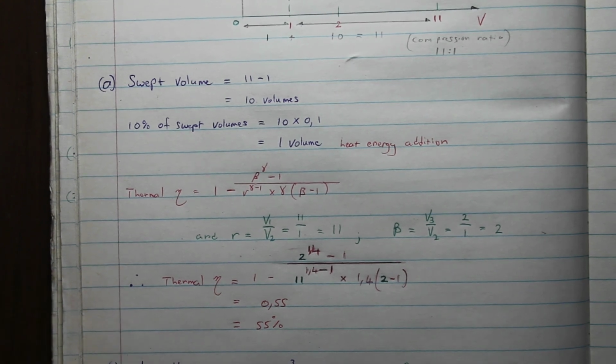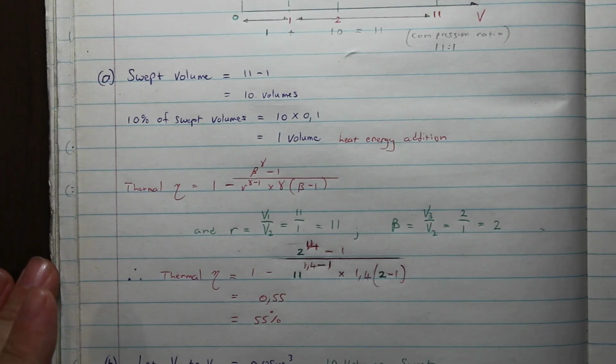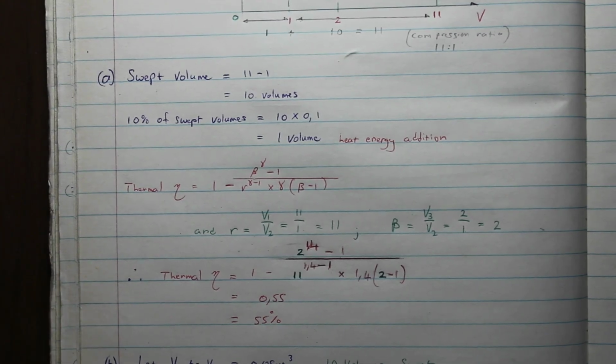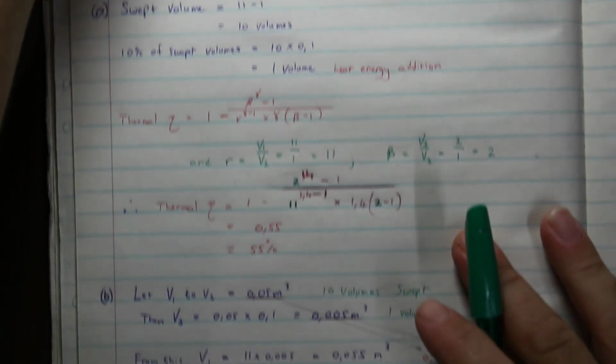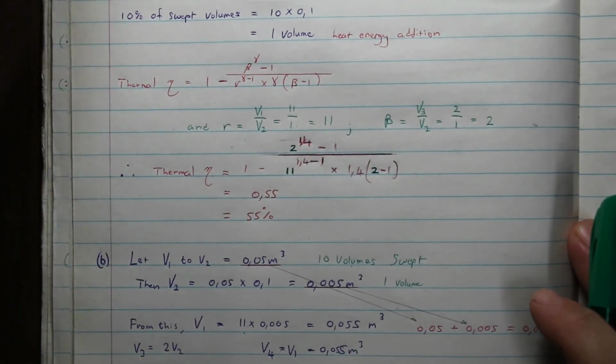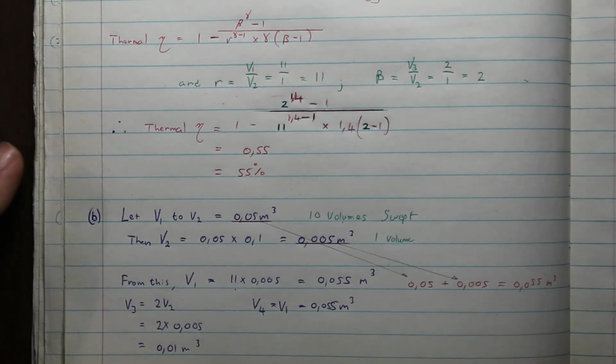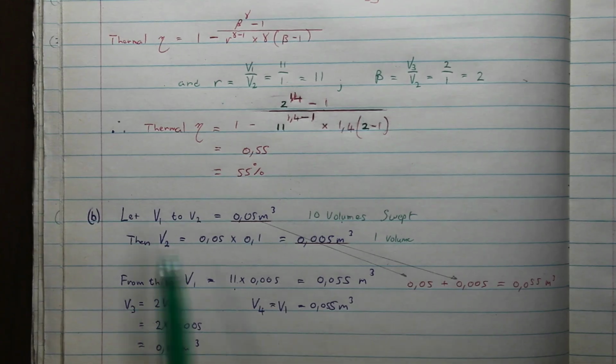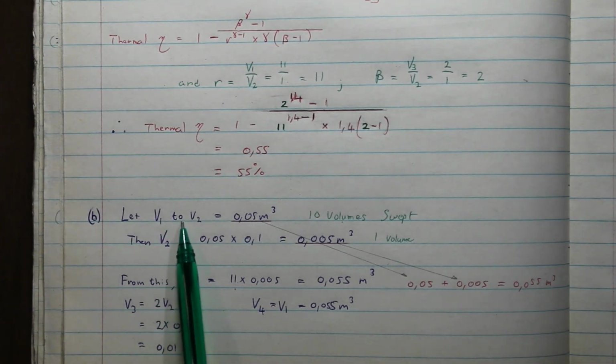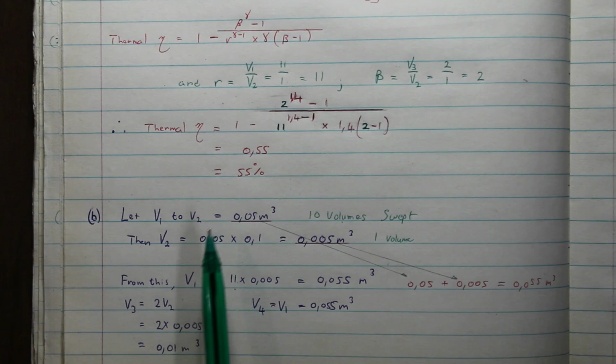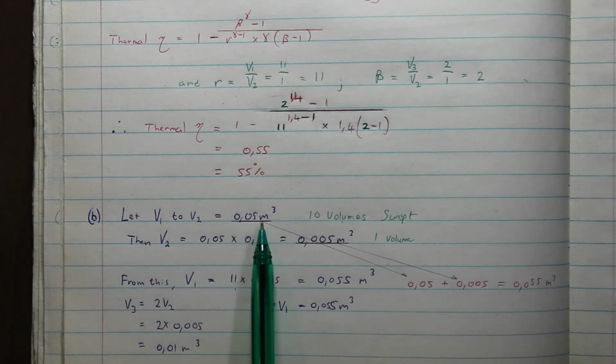Okay, so the next part now is the indicated power of the engine. So now we're going to have to do some simple calculations to figure out the volumes and the pressures. Let's start. V1 minus V2, I said, is 0.05 meters cubed per stroke.